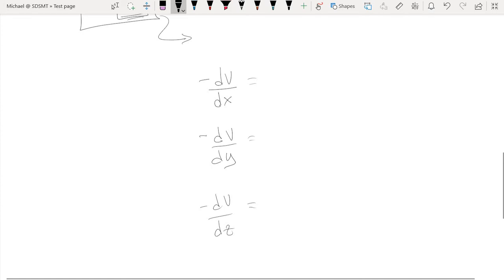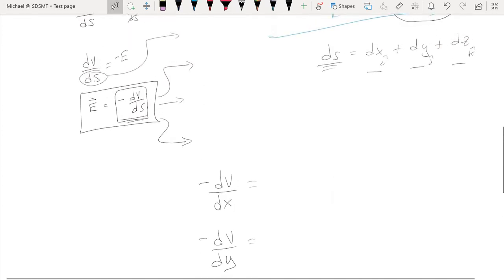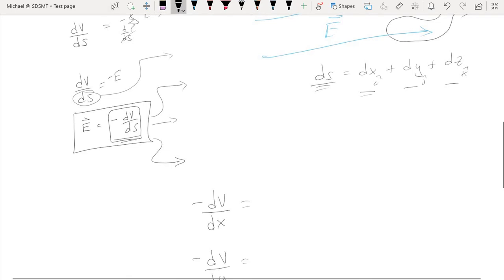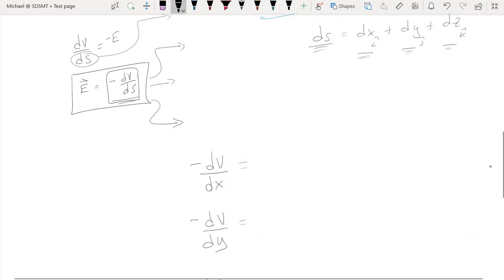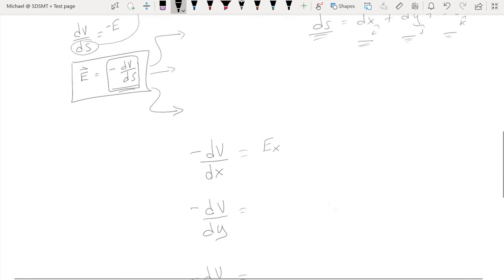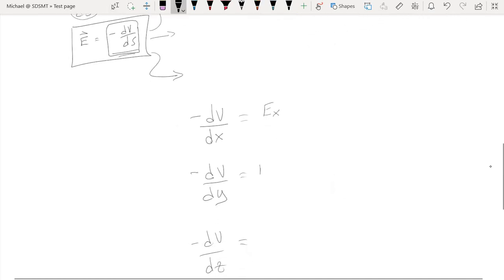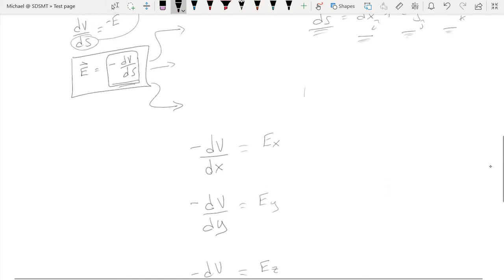Now, because we're limiting the direction that we're traveling in any given case, the best that we can get out of each of these expressions is the electric field component along that axis. And that really is exactly what we want.